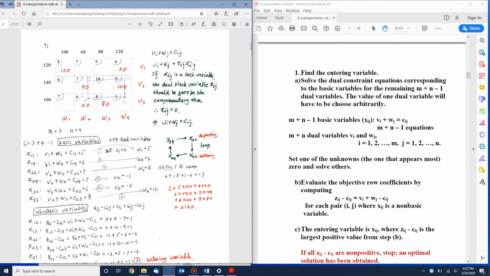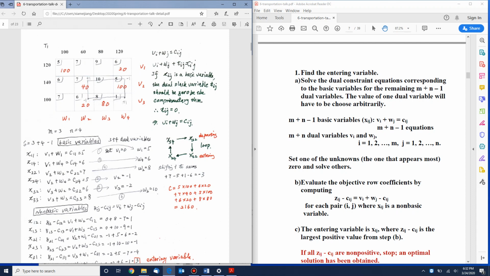Okay, now let's look at the left side. Here we have m equals 3, n equals 4. So in this way, we have 3 plus 4 minus 1, that equals 6 basic variables, right? We have 7 dual variables, V1, V2, V3, W1, W2, W3, W4, right? And then 6 basic variables. You could see that those basic variables are x11, x14, x22, x24, x32, x33, right?